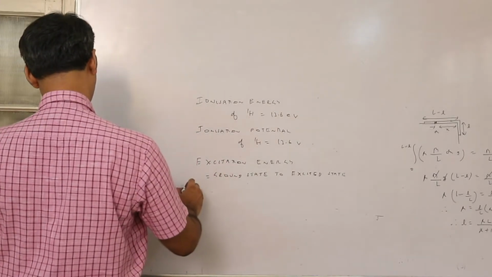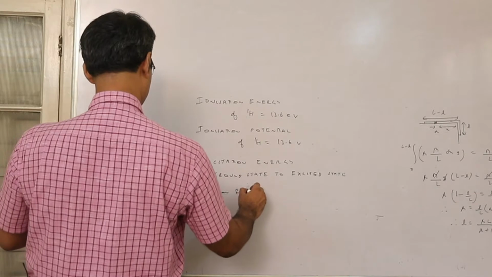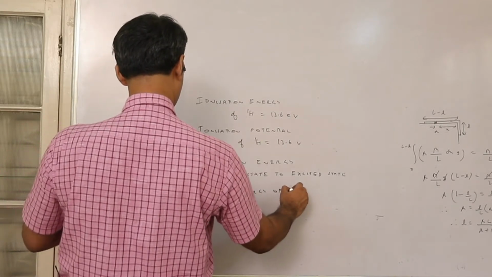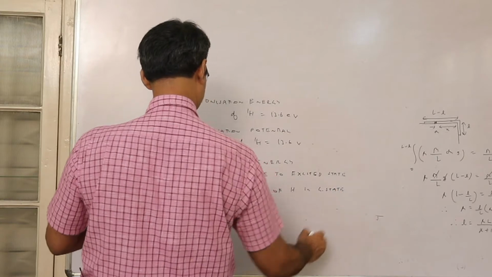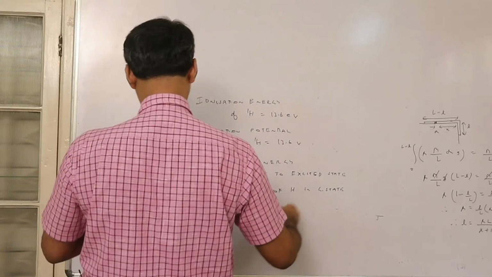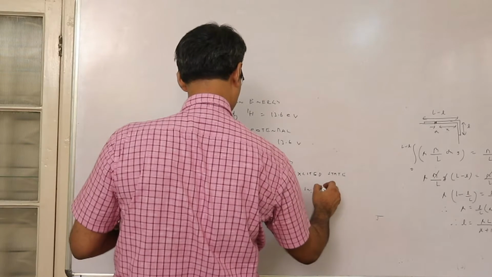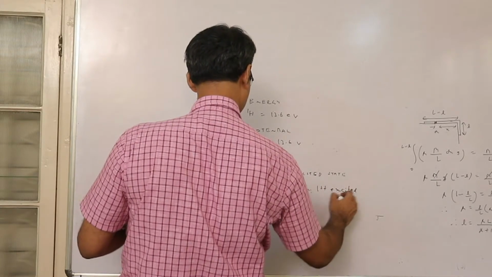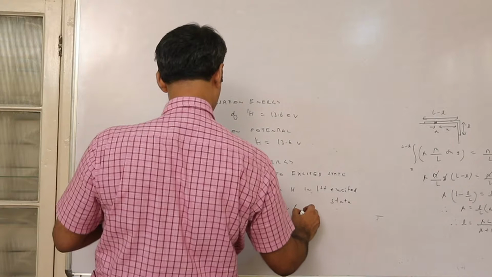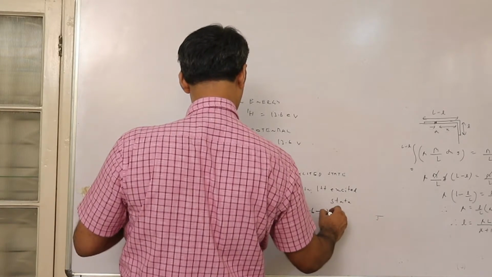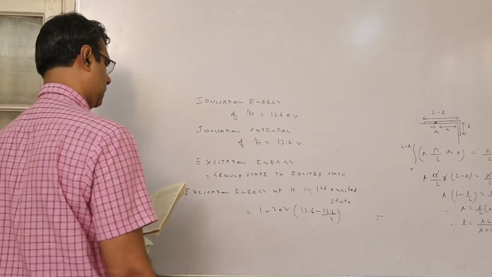Like say for example, the excitation energy of hydrogen in first excited state is 10.2 electron volt, and the calculation for this is 13.6 minus 13.6 by 4.